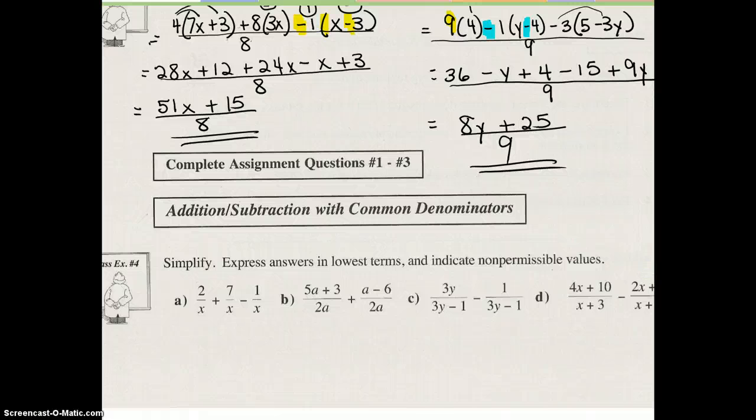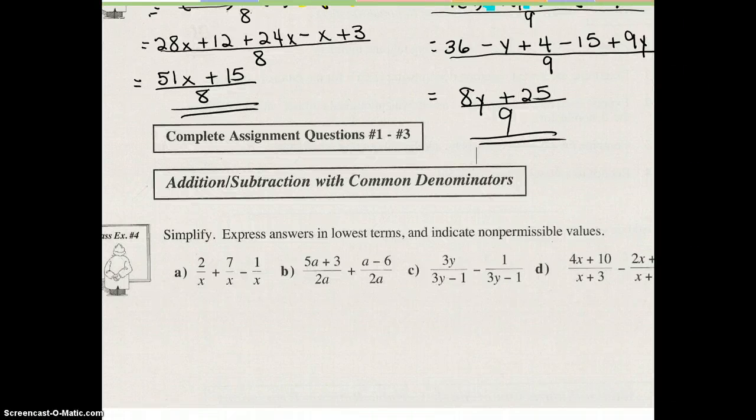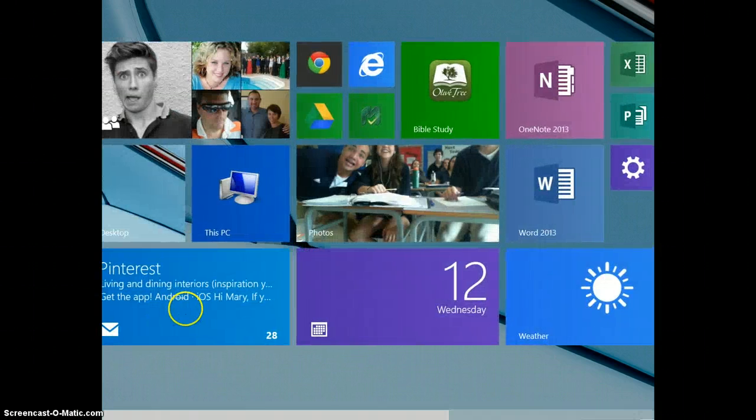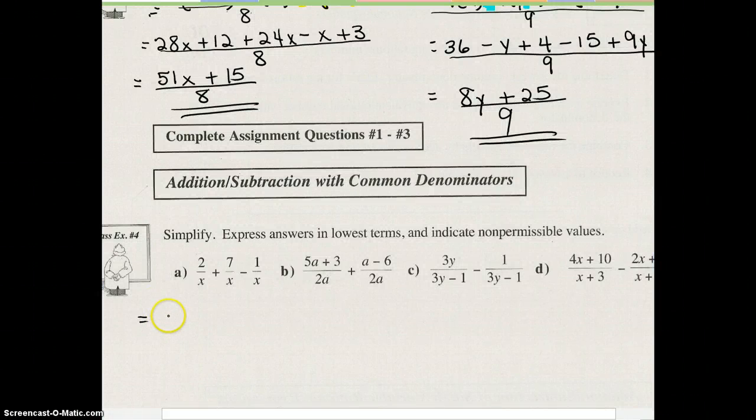All right, the next step will be adding and subtracting with common denominators. But notice on the bottom now we don't have whole numbers, but we have x's, or we'll have monomials, or we'll have binomials. So same idea, we need to have common denominators. So in this next step, the x will be the common denominator. So I'm going to put an x on the bottom. And all I need to do is say, hey, well, this has an x, this has an x, and this has an x.